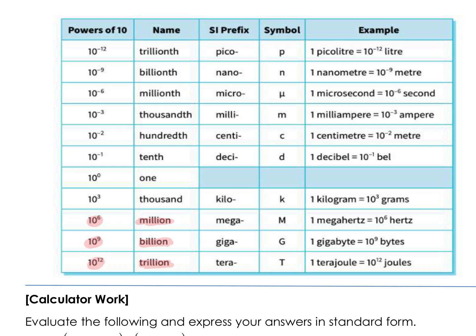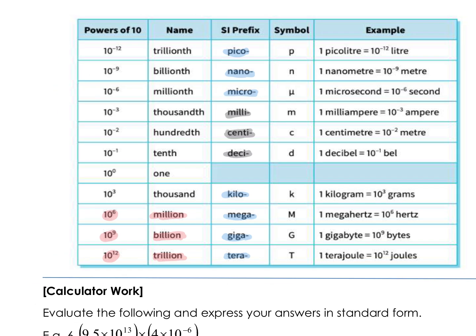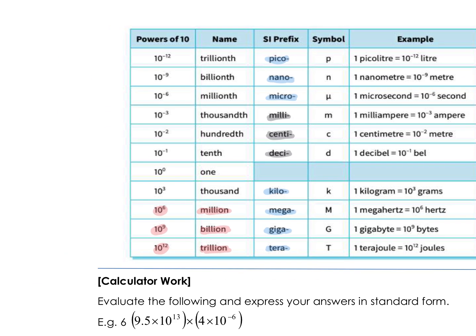And then all this, right? You already learned milli, centi, deci. So what are the new ones are pico, nano, micro, kilo, mega, giga, and tera. Last time my student came up with this: the giant mega king.